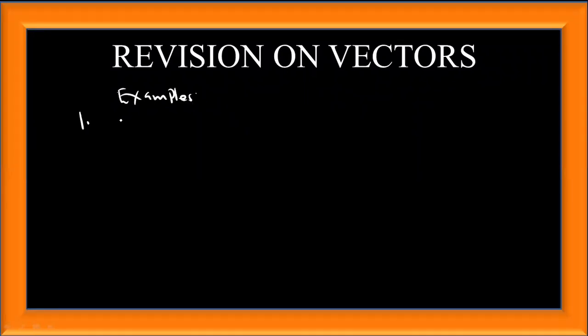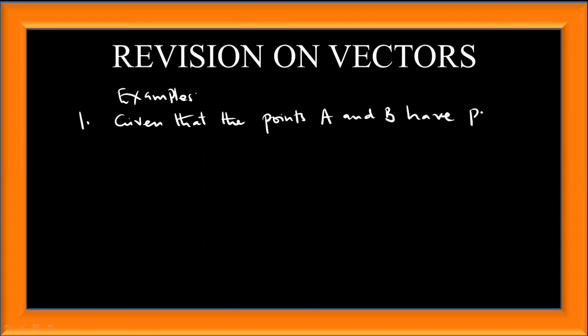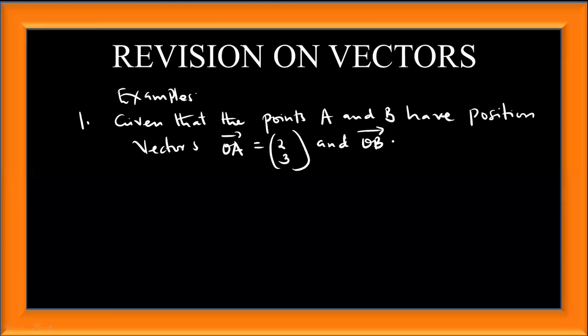Number one: given that the points A and B have position vectors OA equals (2, 3) and OB equals (3, 4).